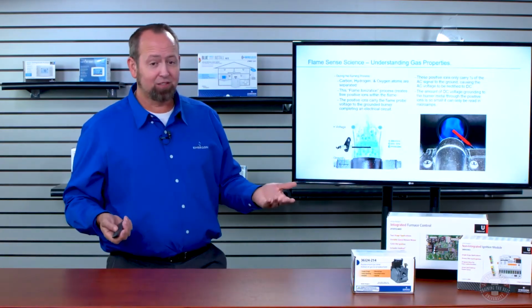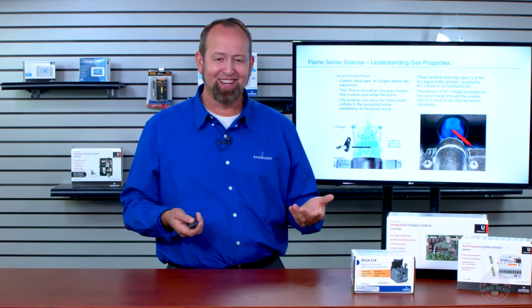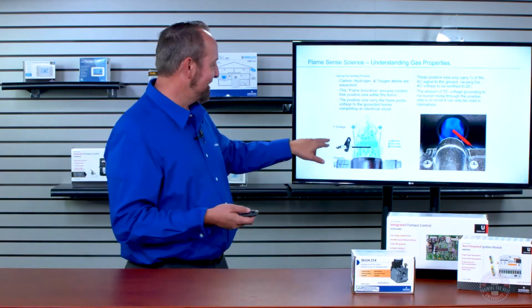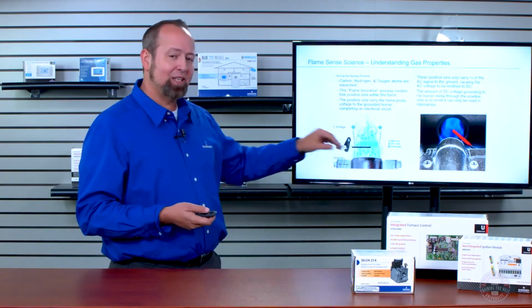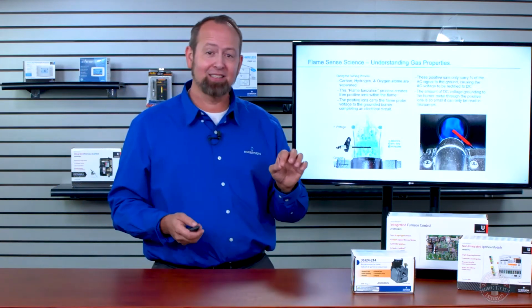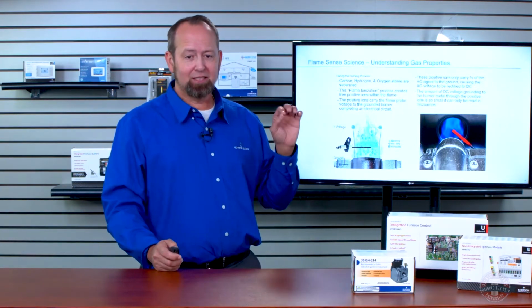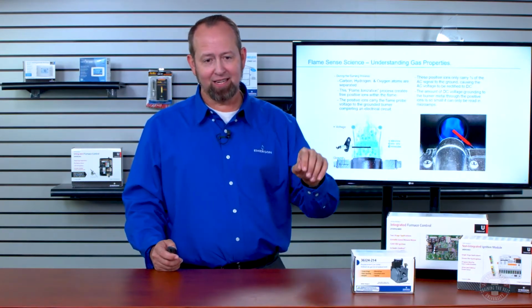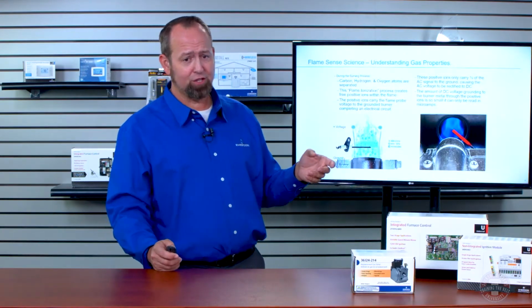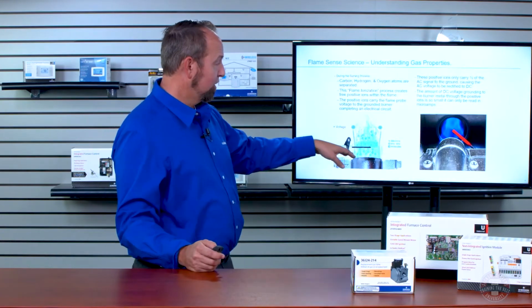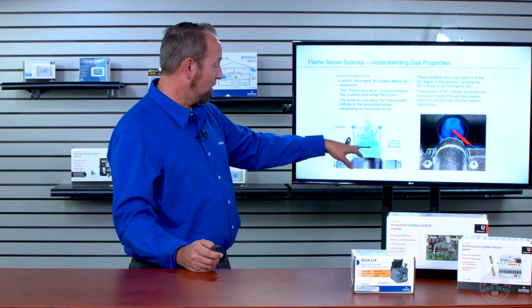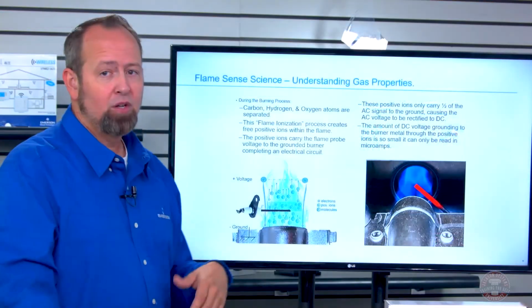How this works, first of all, I failed to mention that this rod that we stick into the flame has AC voltage on it. It actually has current that's being pushed into that. Now, if you were to reach into a furnace with it off, and there was voltage here, would you feel it?